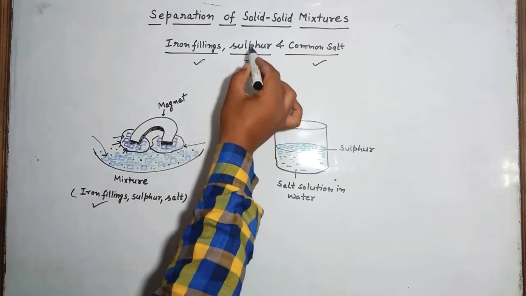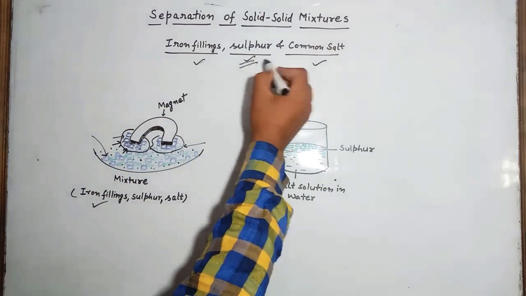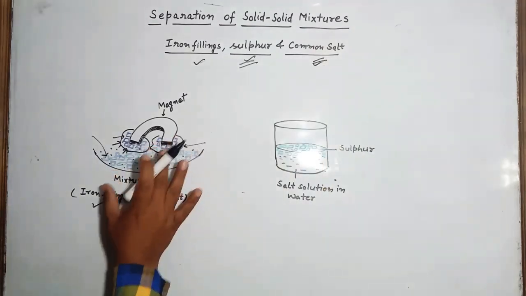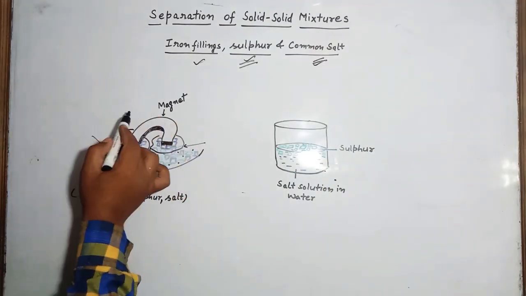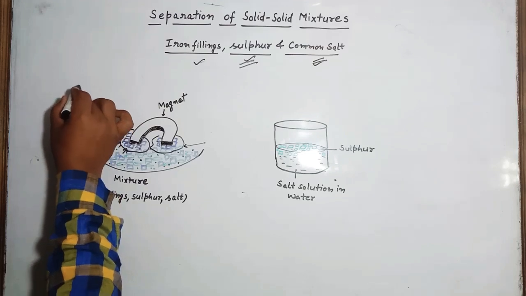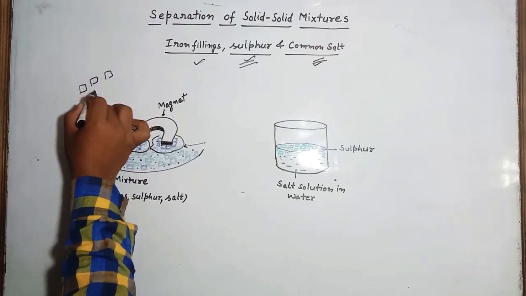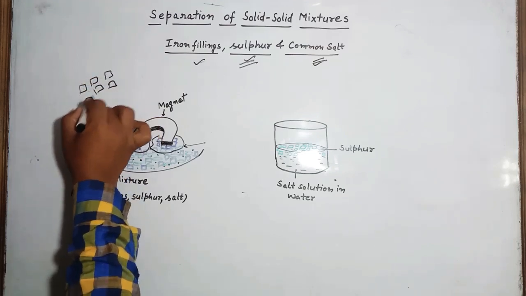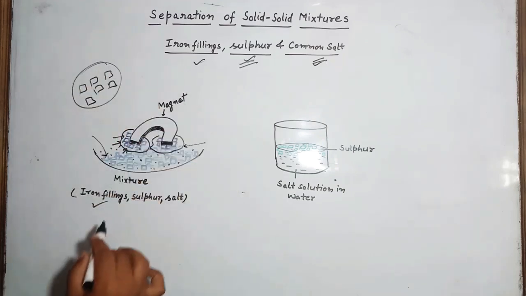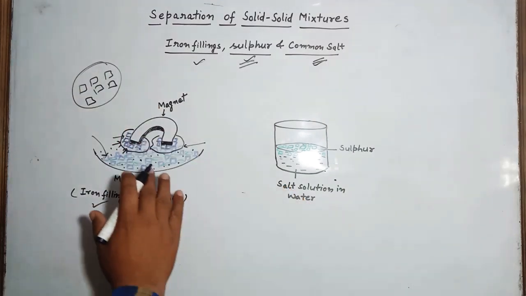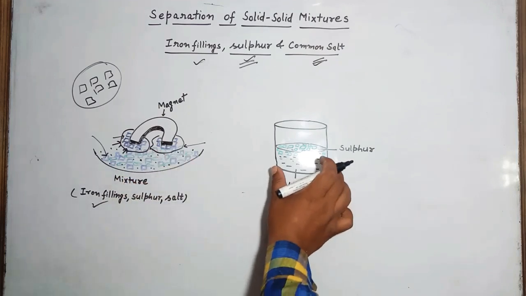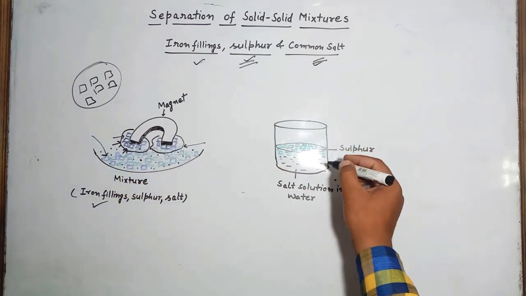Now what are the things remaining in this mixture? That is sulfur and common salt. Now iron filings get separated, here they are, we separated them. Remaining things are sulfur and common salt. Now what we will do, we will take this sulfur and common salt and we will put it in water.